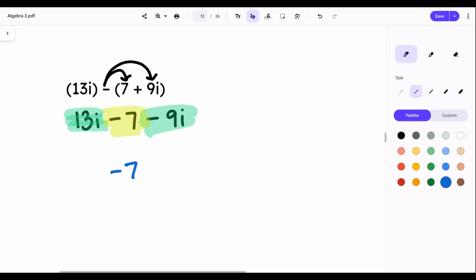And then I'm going to put the imaginary number second. And so I'm going to put 13i, but it's minus 9i. And so that becomes plus 4i. So watch your negatives on that one, and then make sure when you're writing it that you're always putting the real number piece first and then the i piece second.